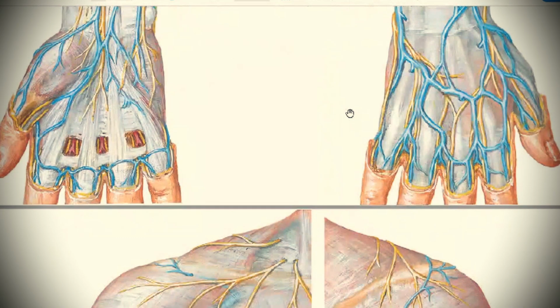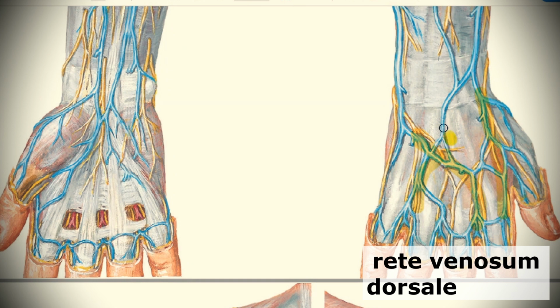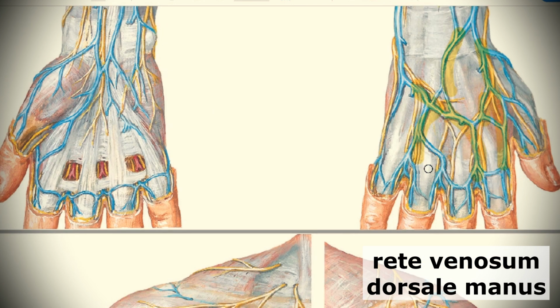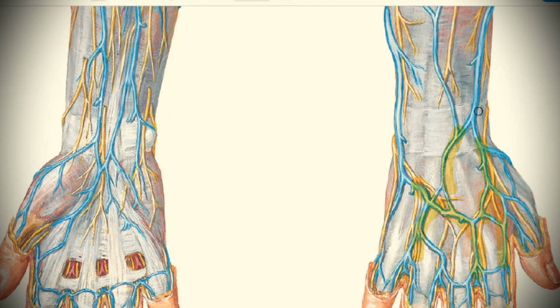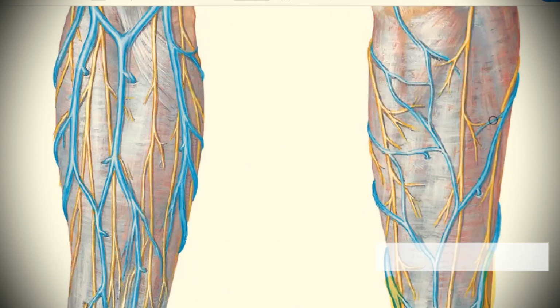But superficial. On the back side of your hand, you have plexus venosus dorsalis manus. You have a venous plexus that is created by the dorsal digital veins, vena digitalis dorsalis, and metacarpalis. From this plexus, you have the beginning of lateral and medial veins of the forearm, subcutaneous veins. They are called vena cephalica and vena basilica. The lateral one is vena cephalica.